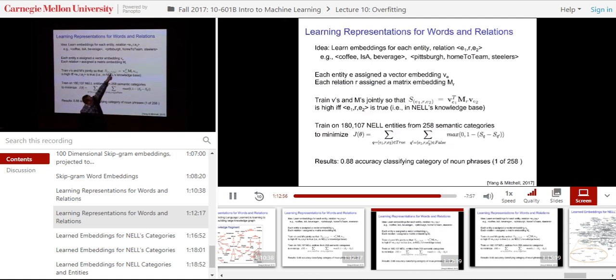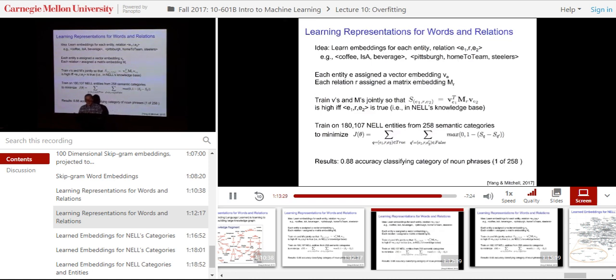So if I want to know if relation R holds between entity 1 and entity 2, what I'll do is take the vector embedding for entity 2, and multiply it by a matrix, which represents relation R. If you multiply a vector times a matrix, you'll get another vector. Then I'll take the result of that and multiply it by the entity 1 vector.